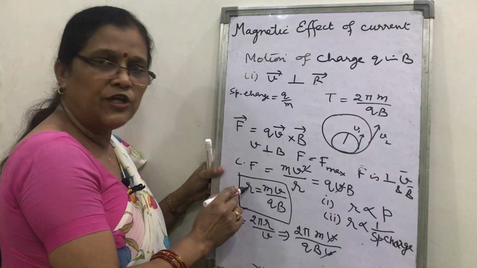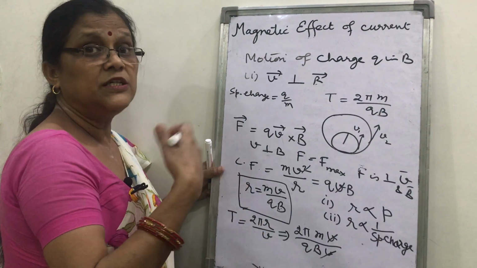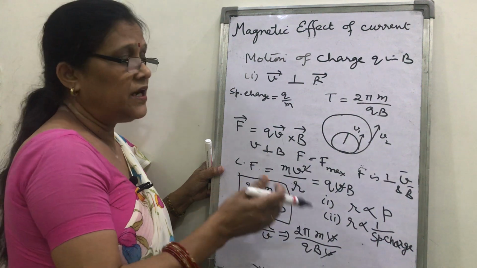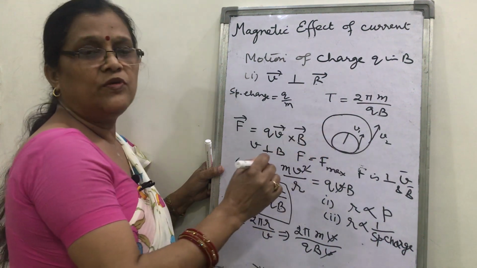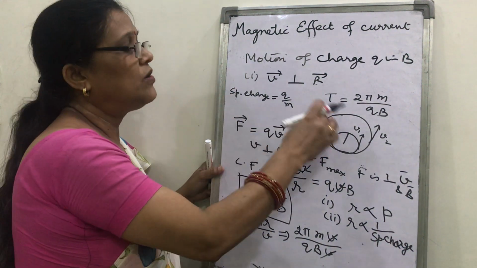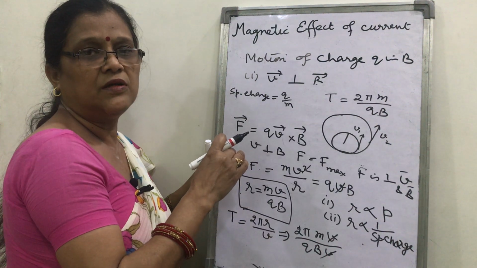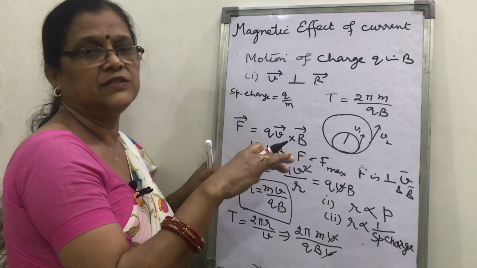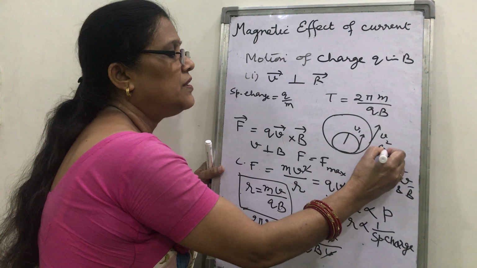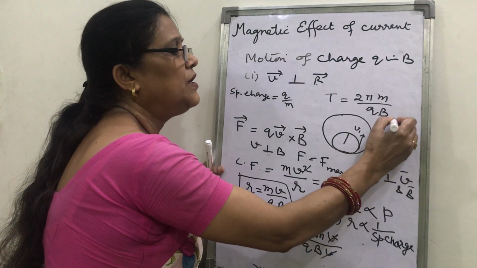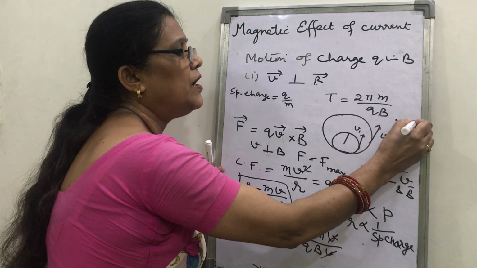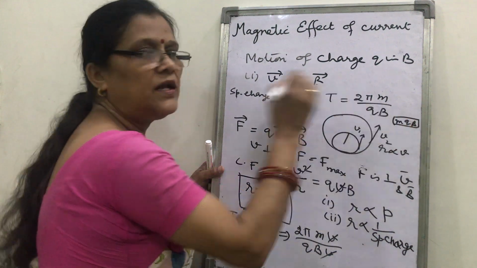The more the velocity, the more the radius. So questions are asked which particle will move in the circular path with the longer radius, the one with larger velocity or lesser. So what will you prove here? That r is proportional to v if m, q and b are all constant.